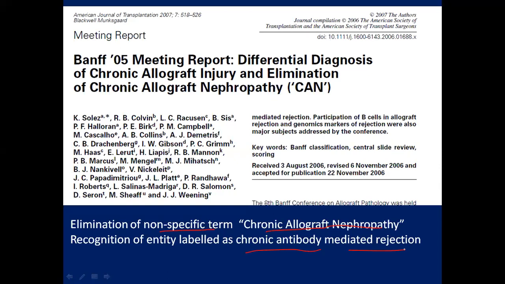One was chronic antibody mediated rejection, which means the process is because of antibodies which are persisting, and in that you see a diagnostic triad, which I'll highlight further. The terminology of CAN was eliminated and replaced by IFTA, interstitial fibrosis and tubular atrophy, and the new entity recognized was chronic AMR. So in 2005, these two major changes occurred.